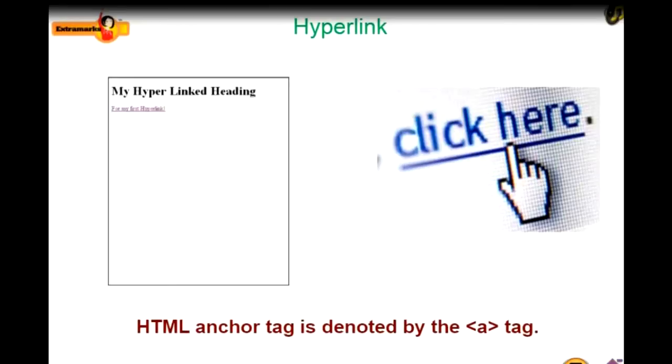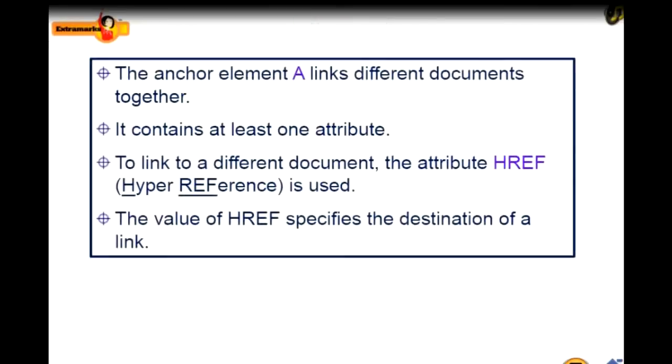The HTML anchor tag is denoted by the a tag. It is the anchor tag. The anchor tag links different documents together. Is it clear? To link it, we use the attribute href, hyper reference. The value of href specifies the destination of the link, and the tag contains at least one attribute.